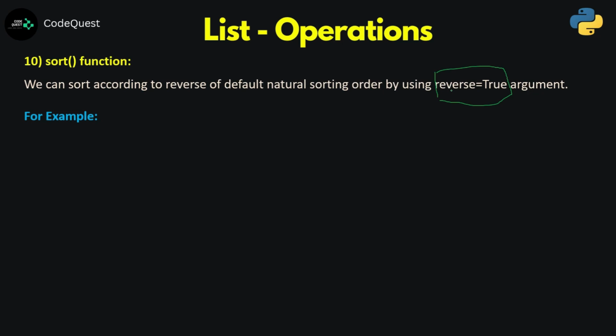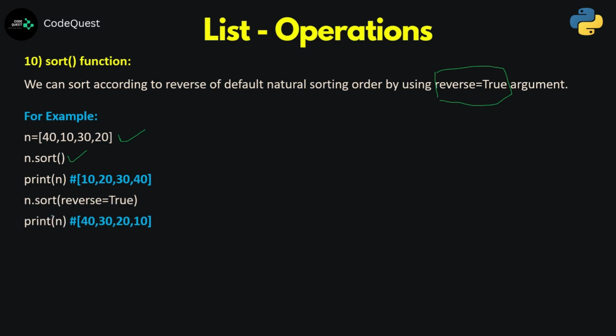As a result, we have seen in the previous slides that we get the natural ascending order of the list. Now let us see, we have taken n equal to 40, 10, 30, 20. When I apply only sort, we get the natural ascending order like 10, 20, 30, 40.